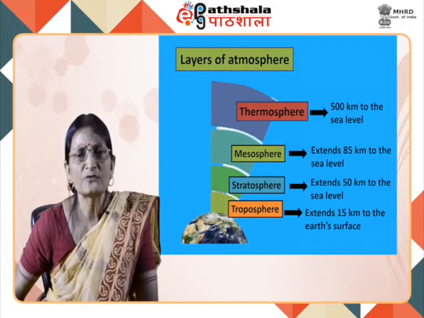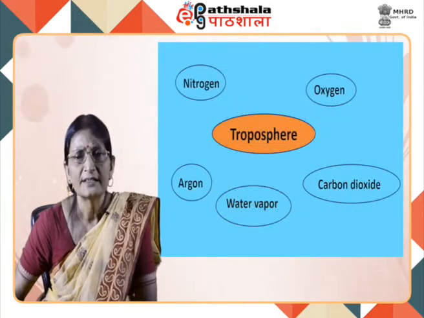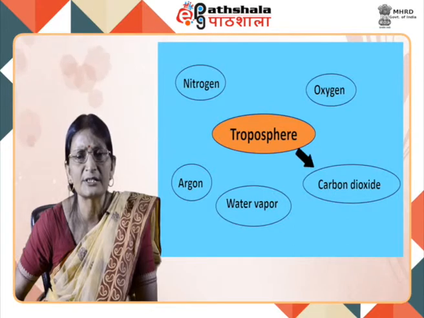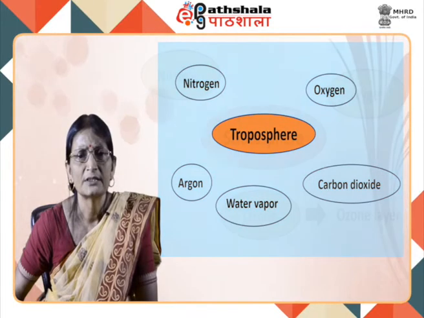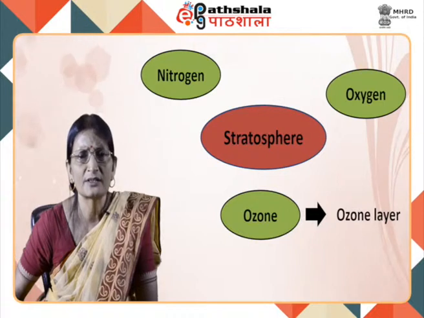The composition of each of these layers is different. The troposphere has, as we already said, nitrogen, oxygen, argon, carbon dioxide and water vapor. The stratosphere has nitrogen and oxygen and also ozone. The ozone layer is a part of the stratosphere.